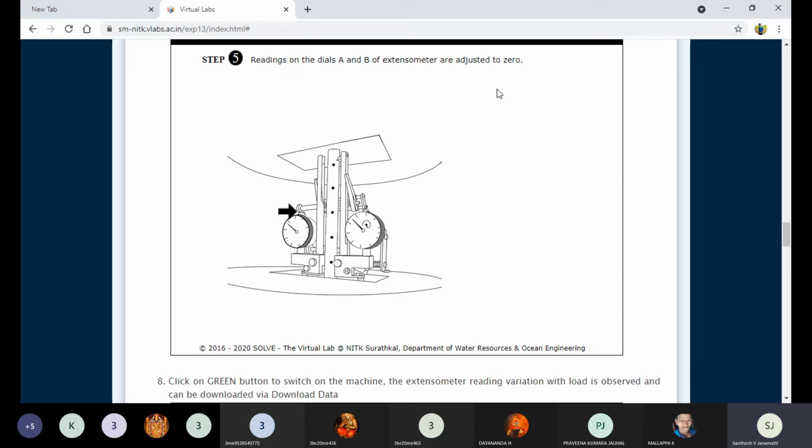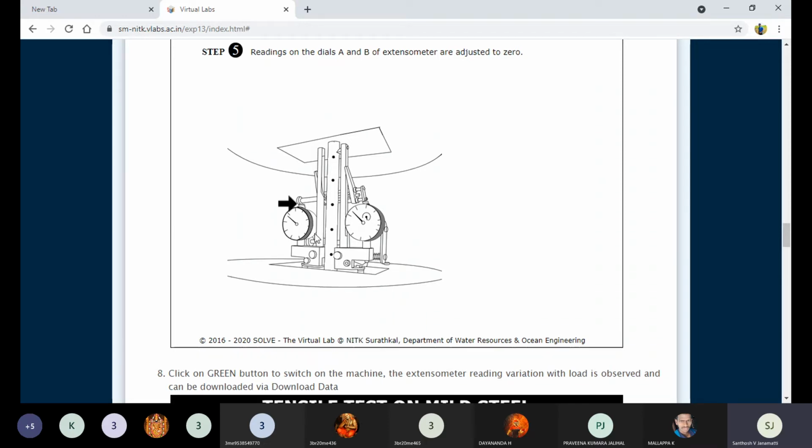In the last experiment I discussed this with you: we need to ensure the 0 reading because some instruments already have instrument errors, or residual stresses are present in the machine. Some environmental stresses are also present. Due to many reasons, errors may be present. However, we need to ensure that the extensometers are at 0 before conducting.